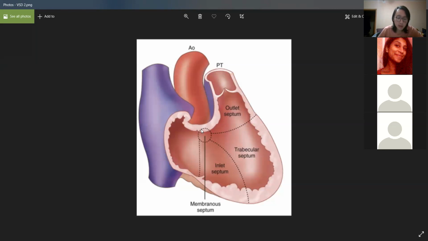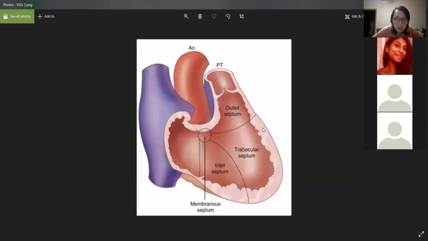Next type of VSD is called trabecular VSD. This is the second most common VSD. It accounts for 15 to 20% of all VSD. I'm listing them based on the most common one. Another name for it is the muscular type of VSD. Muscular, trabecular, the same thing.